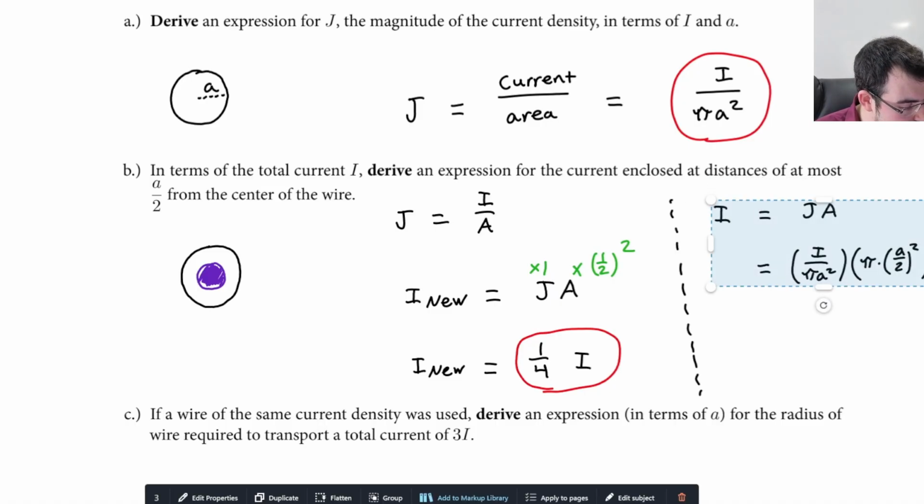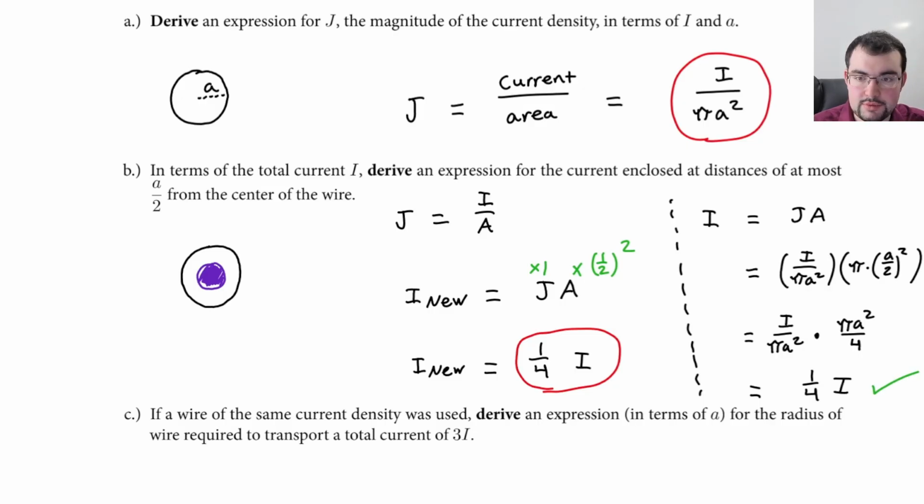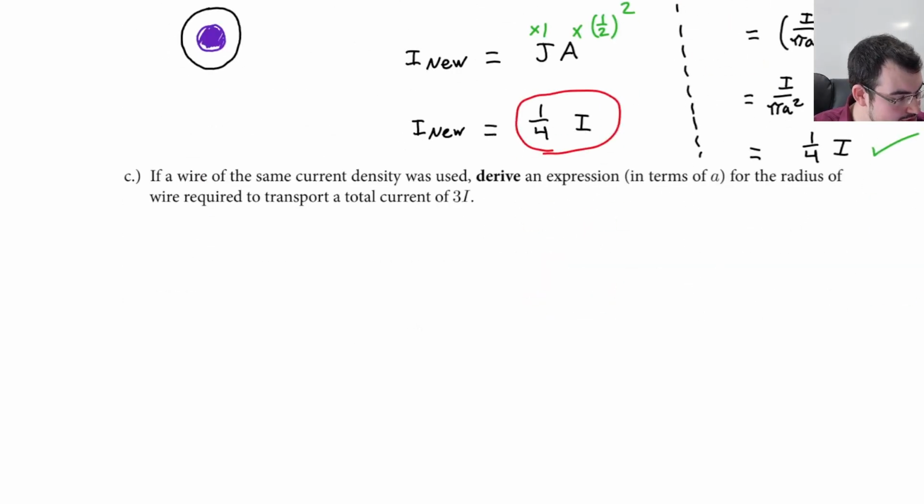Let me scoot it over a bit. And what is this? Well, we'd get I over pi A squared times pi A squared over 4, and oh look, how nice. Pi A squared goes away, and I'm left with exactly 1/4 of the current. As expected. So, of course, you can always do it like this. I'm a big fan of multipliers, so we're only going to do this with multipliers for part C.